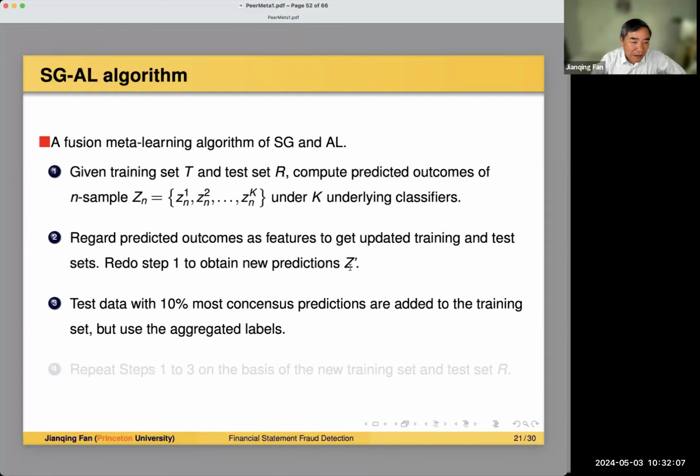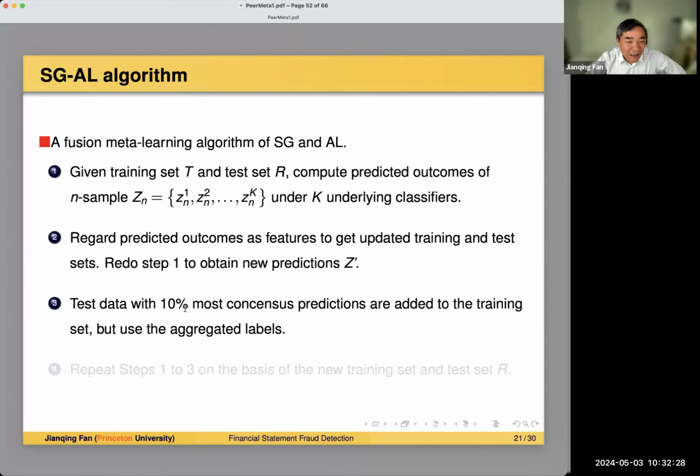Among all those classification results, we apply the aggregated model to the test data, and the top 10% most consensus predictions are fed back to the training. This adaptive learning step happens when I apply it to testing data.